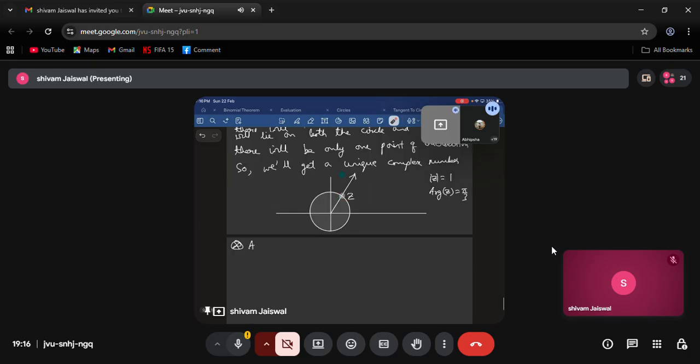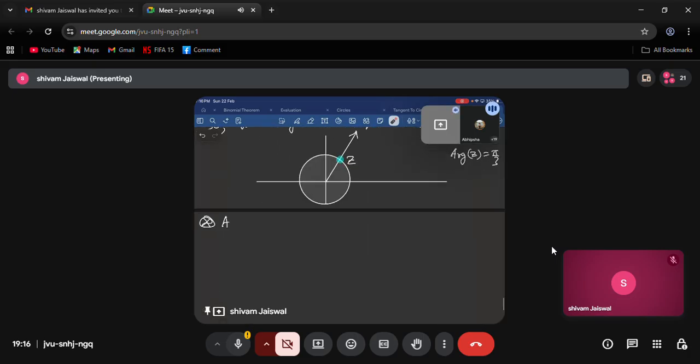So let us continue. Amplitude or principal value of the argument. Okay, this is how it was defined. The principal value was defined to get a unique complex number.